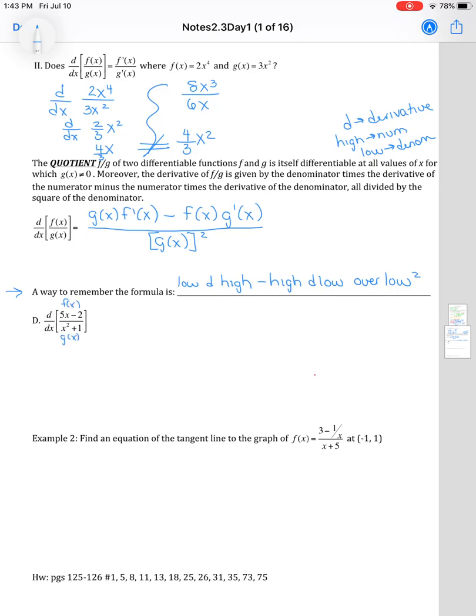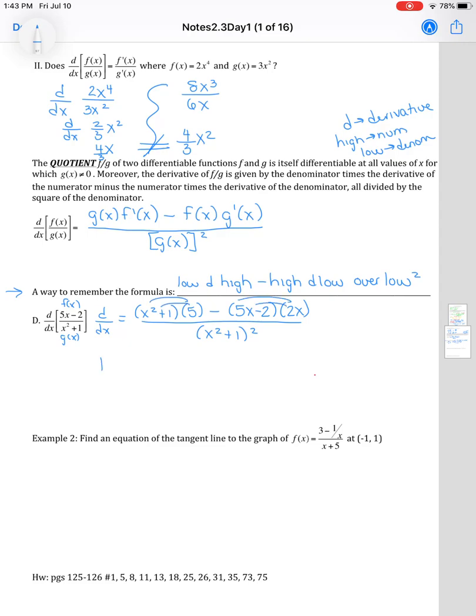So looking at the one problem, we've got our f of x and we've got our g of x. The quotient rule tells us low D high, so low times the derivative of the top, which is 5, minus high, 5x minus 2, times D low, the derivative of the bottom, which is 2x, over low squared.